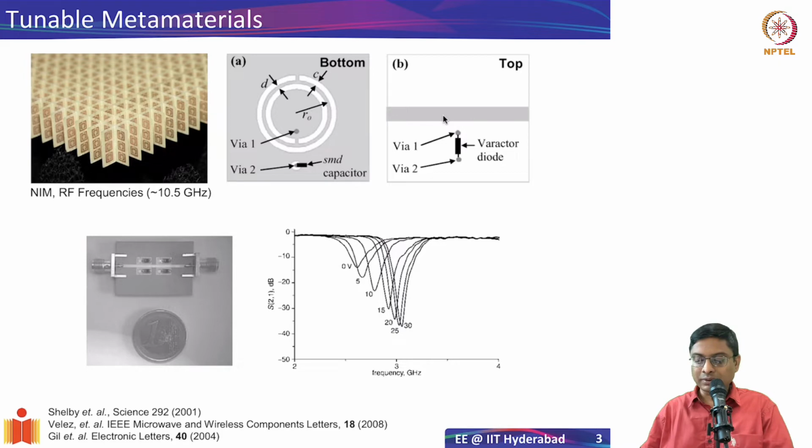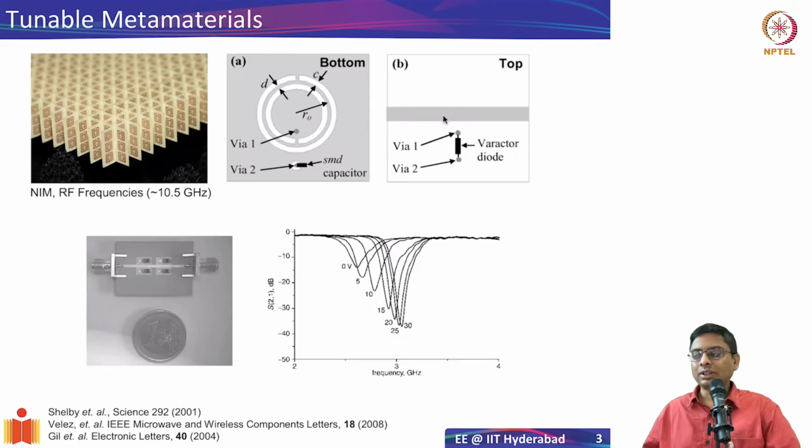For example, we have seen that the gap between the rings, the size of the gap, and the whole area of the ring, all that will determine your resonance frequency. Because these are reasonably large, fabricated on PCBs, the resonance frequency is around gigahertz range. But if I make them smaller, then the resonance frequency increases. So this is something we have seen in the last week.